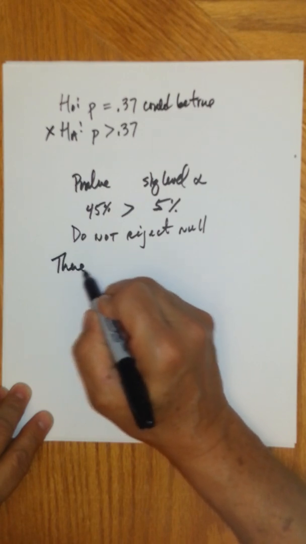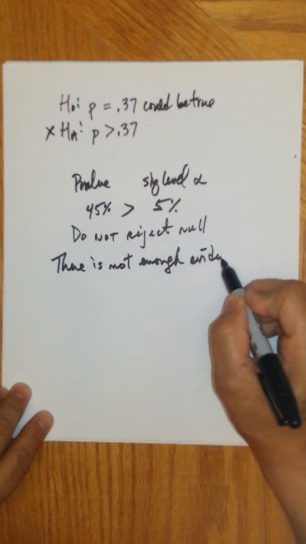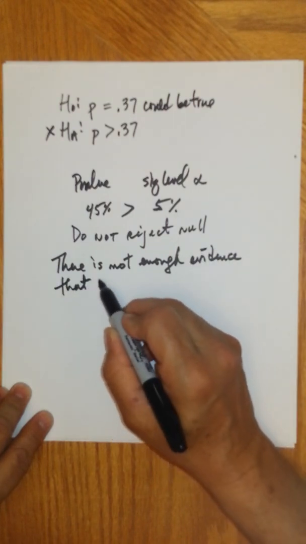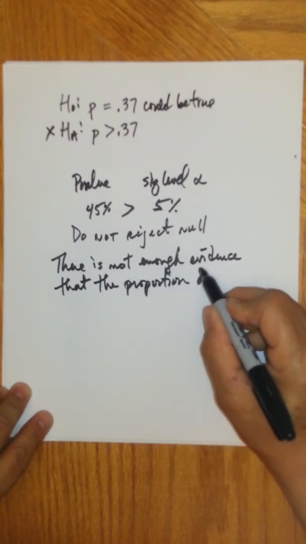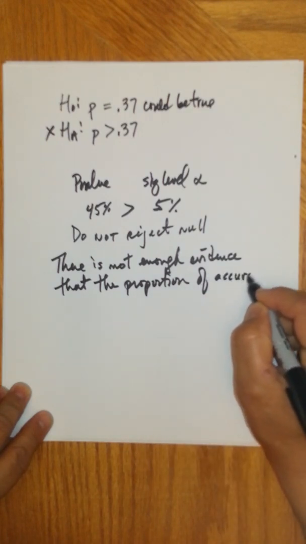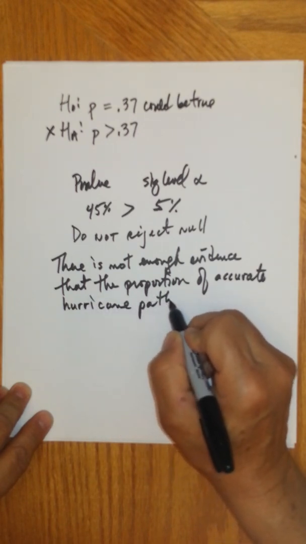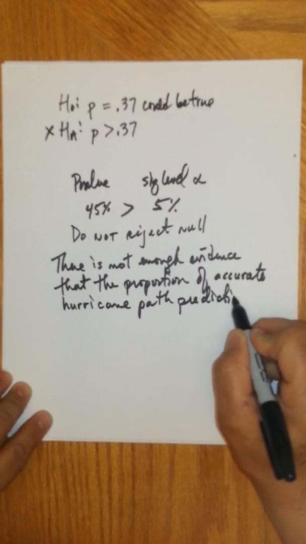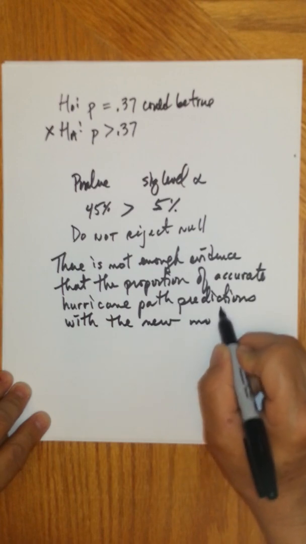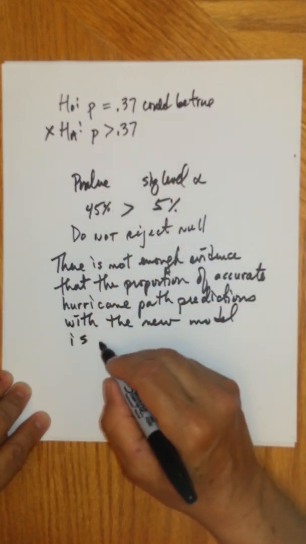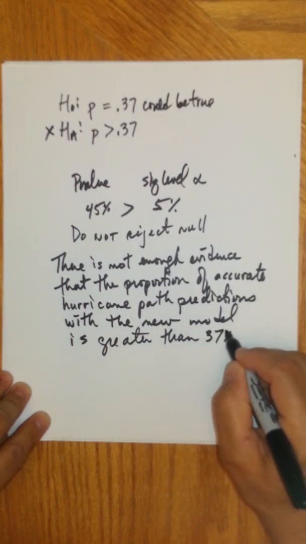So you'd say there is not enough evidence that the proportion of accurate hurricane path predictions with the new model is better or greater than the old model's 37%.